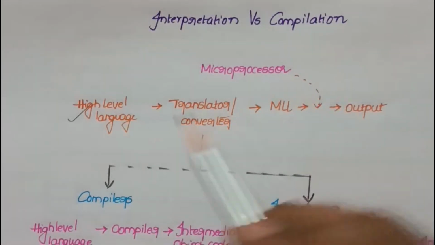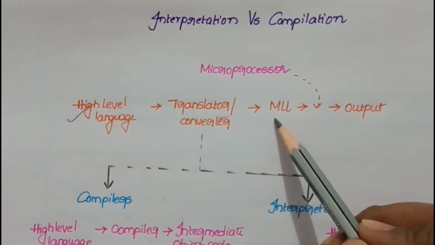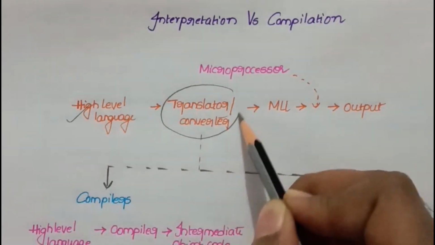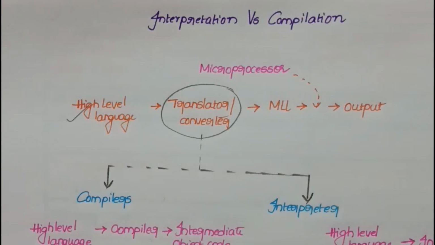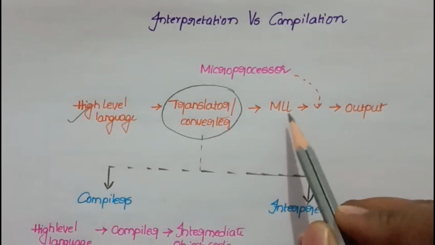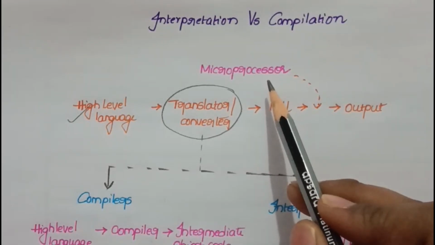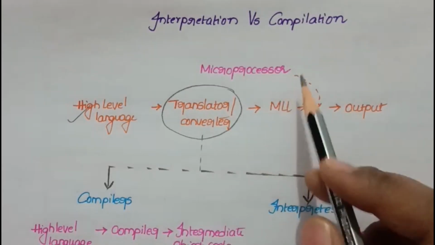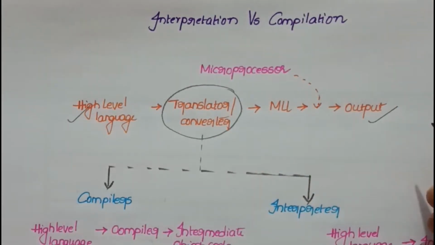To convert high level language into the machine level language, we will use a specialized software called a translator or converter. This translator will convert high level language into the machine level language so that it can be input to our microprocessor, and the microprocessor understands zeros and ones. Hence, we can see the expected output.